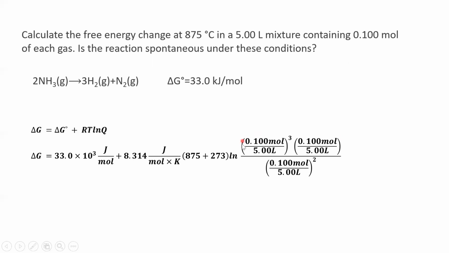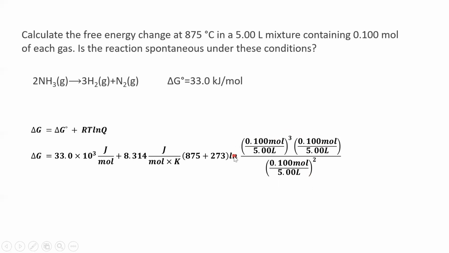We calculate the molarity of the hydrogen, moles per liter, and cube it. Find the molarity of the nitrogen, moles per liter. Divide that by the molarity of the ammonia, moles per liter, squared. That would give us Q, non-equilibrium values.